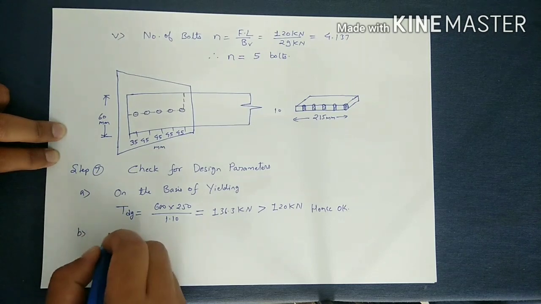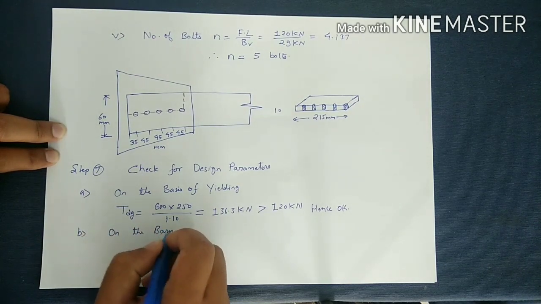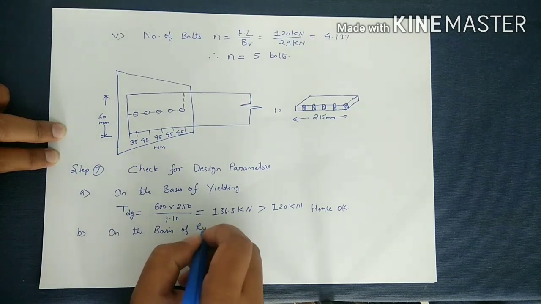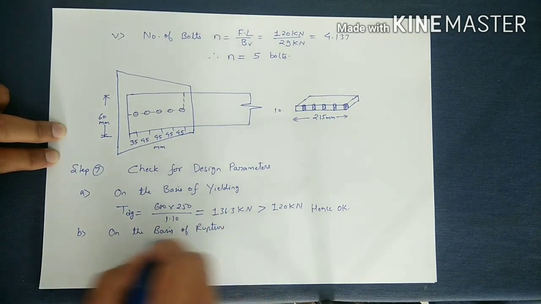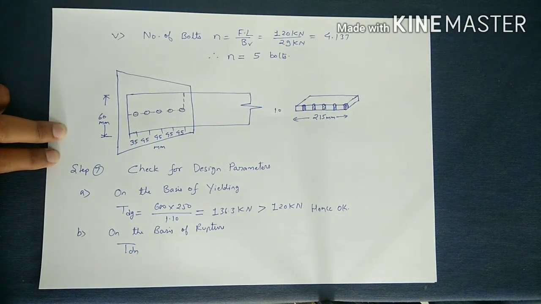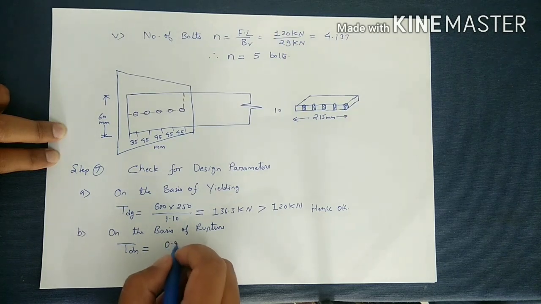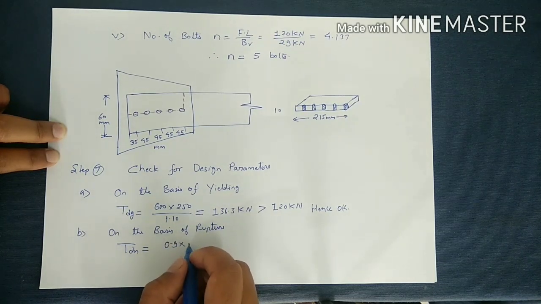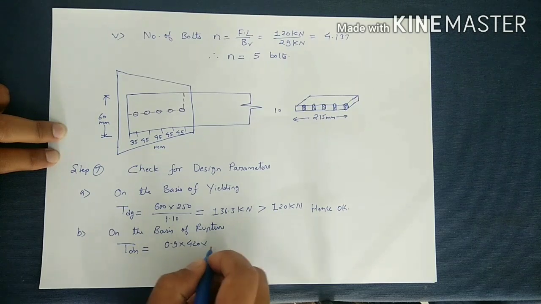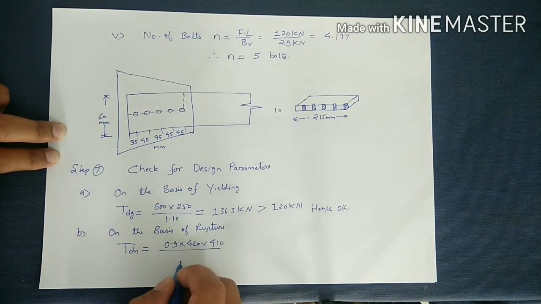Similarly, on the basis of rupture, TDN will be equal to 0.9 into the net area of the plate, that is 420, into the ultimate strength of the plate, that is 410, upon 1.25.